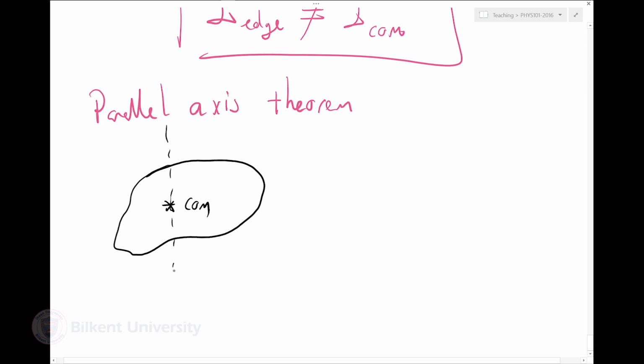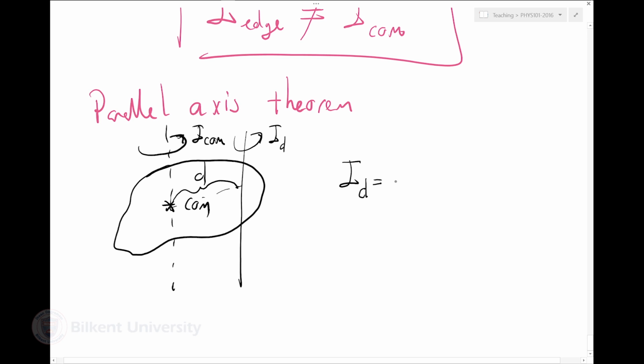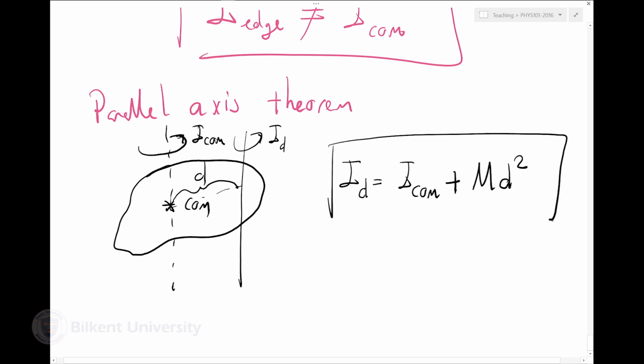If I know the moment of inertia around the center of mass, the moment of inertia around another axis, which is a distance d away from the center of mass, is very simply the moment of inertia around the center of mass plus the total mass times d squared, the distance from that center of mass squared. I'll not go ahead and prove this.